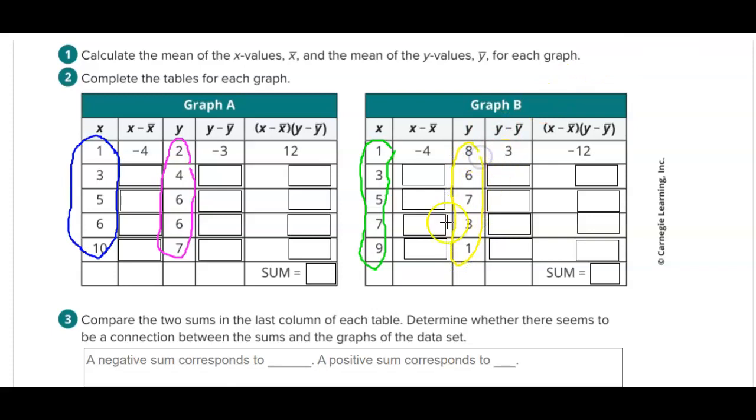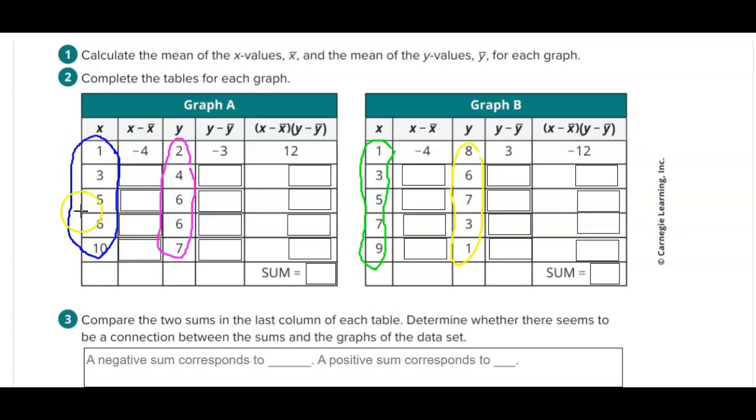So that's the first step. So the way you calculate the mean is you first add the numbers up.